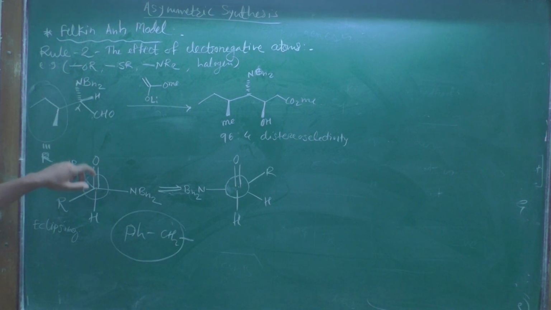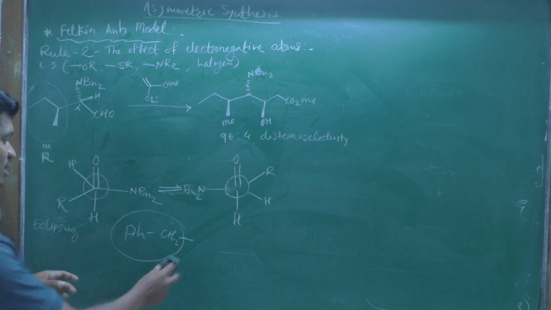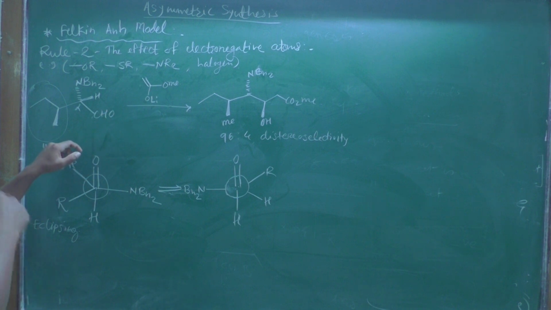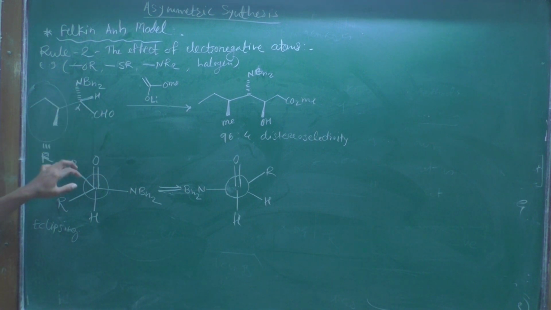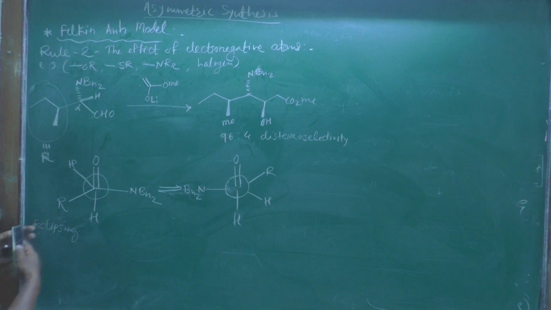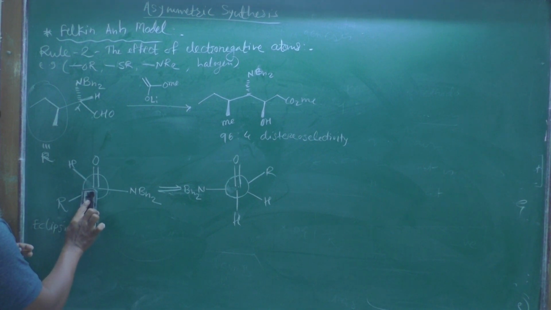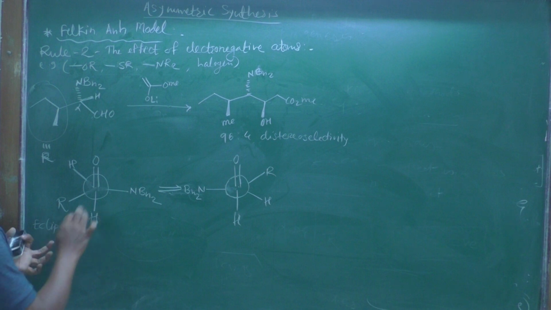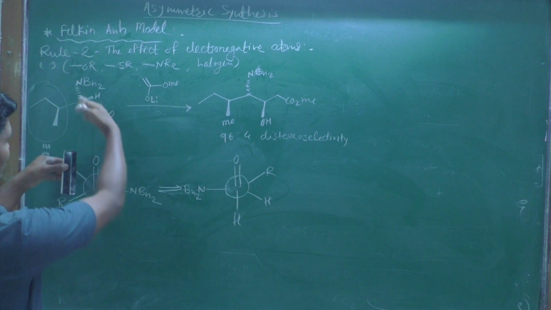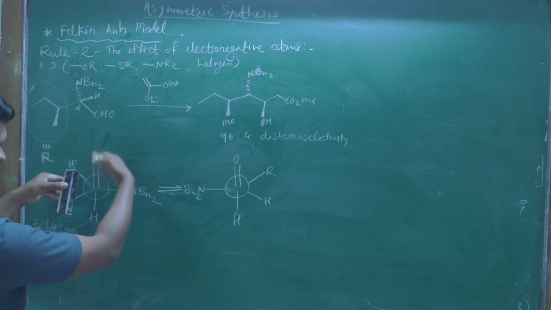So these two benzyl groups are attached to this electronegative nitrogen atom. So the alpha position has an electronegative NR2 group, that is, a tertiary amine group. That's why I have kept that electronegative atom at the perpendicular position to this carbonyl group. So this is the carbonyl group, and that's why this NBn2 group is perpendicular to this carbonyl group.